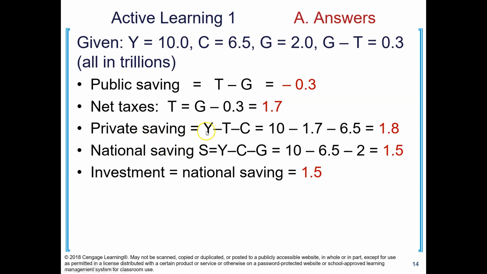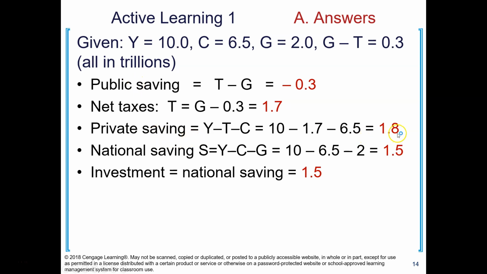In the next part, we can easily calculate private saving and national savings. We know private savings is total income minus taxes minus consumption. Income is $10 trillion, taxes are $1.7 trillion, and consumption is $6.5 trillion. So this will give us private savings equal to $1.8 trillion. And national savings, that is the total saving in the country, we can get this number in two ways. National saving has to be equal to public savings plus private savings.